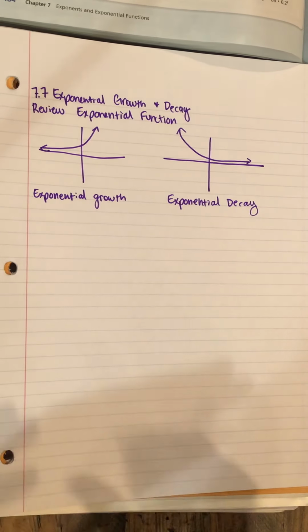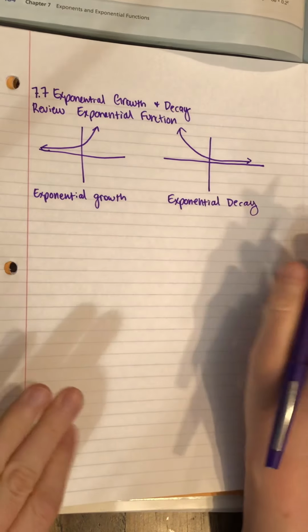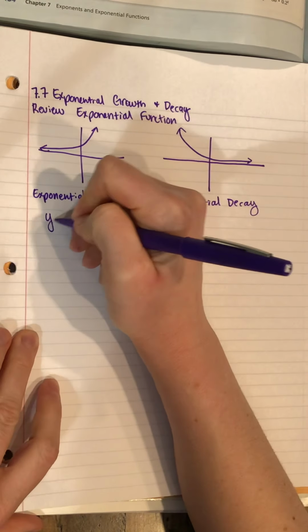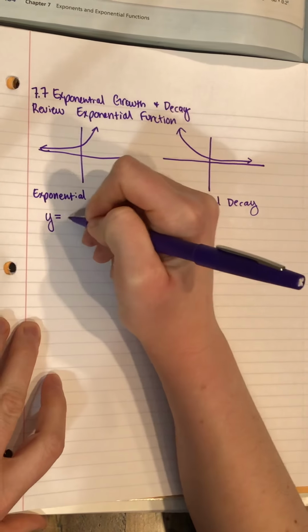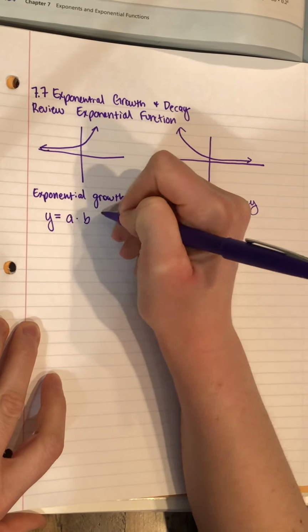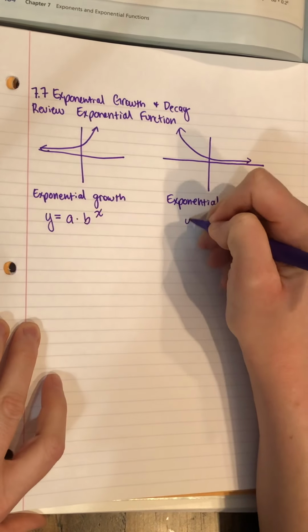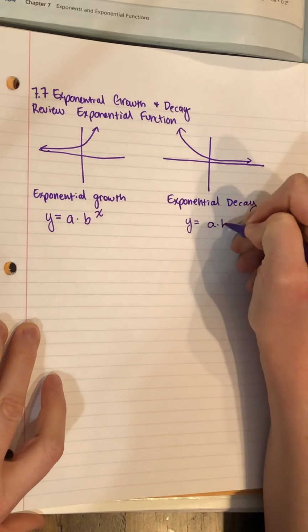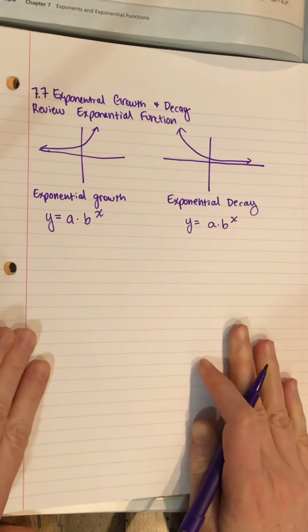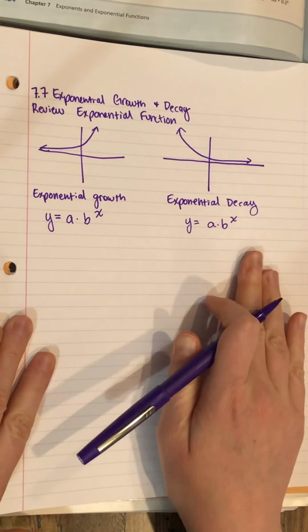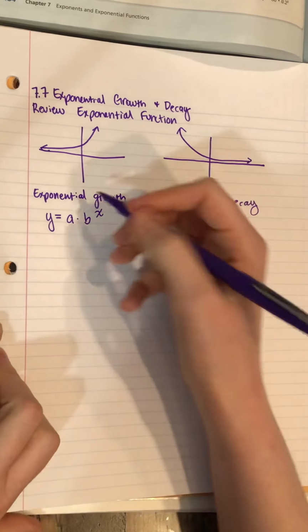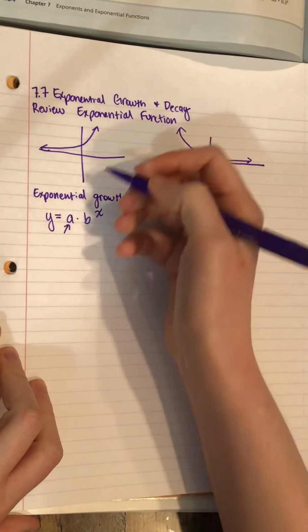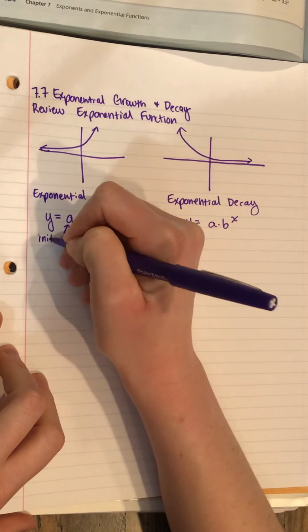So the two functions for these graphs look the same. They're both y equals a times b to the x. However, b means something different for both of them. So a is what we call the initial amount.